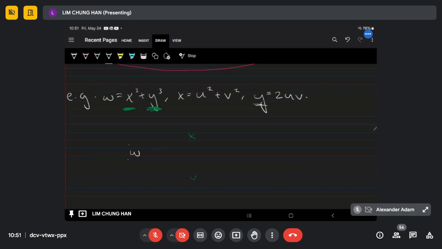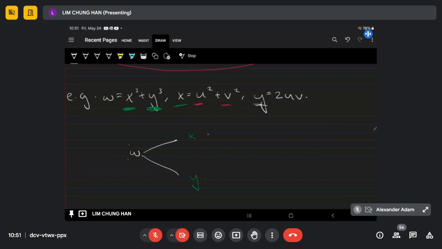Then x is related, I'm going to use green, to u and v.